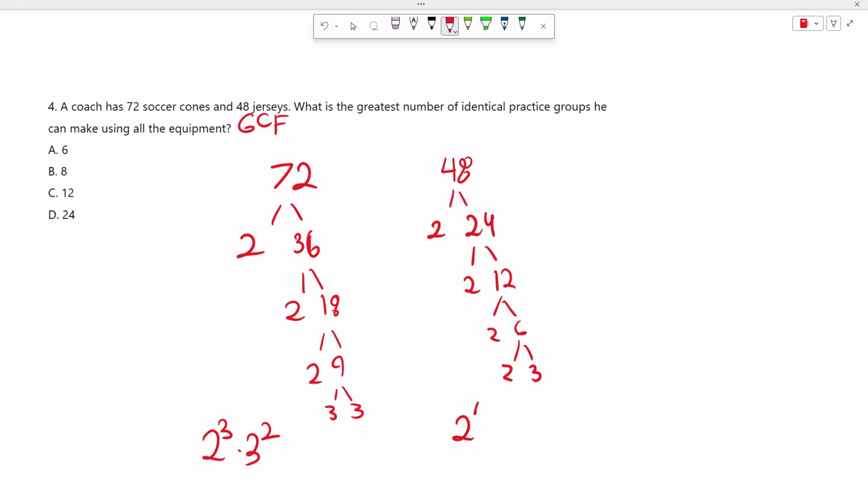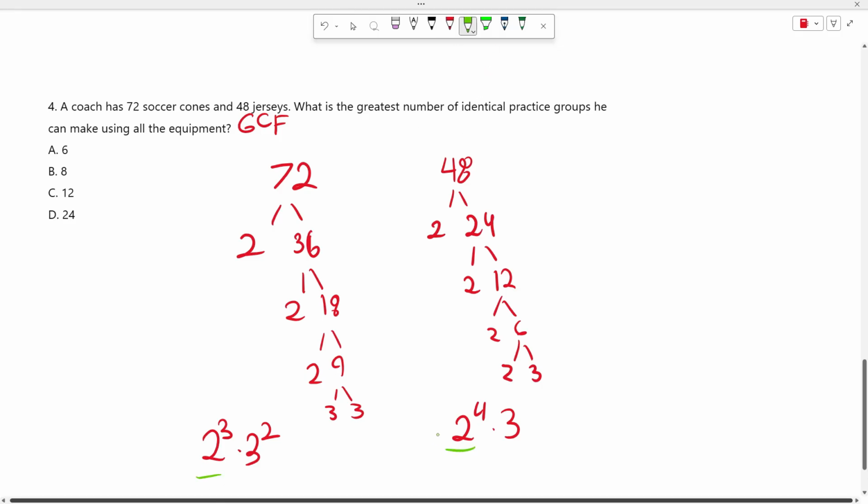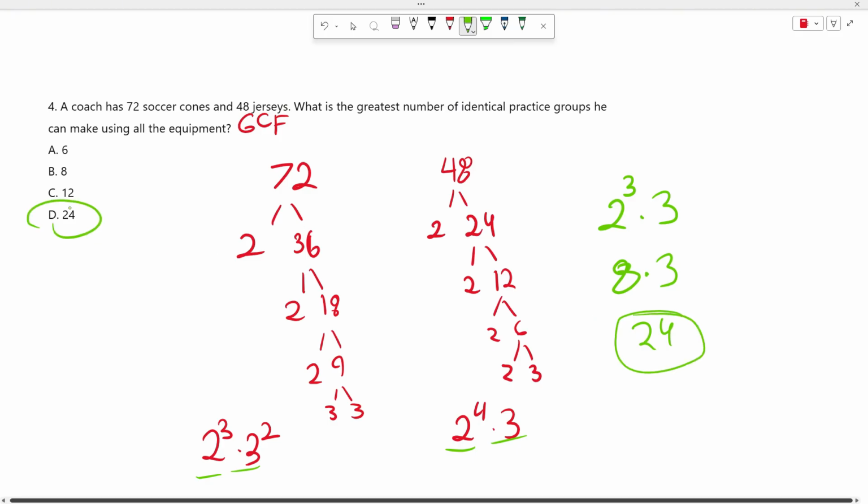We have 2 to the fourth times 3. Now, what is my lowest amount of shared factors for 2? Well, that's 2 to the third. And then for 3, it's just 3 to the first. So what's 2 to the third? That should give me 8 times 3, which will be 24 different ways that we can make all these identical practice groups for soccer.